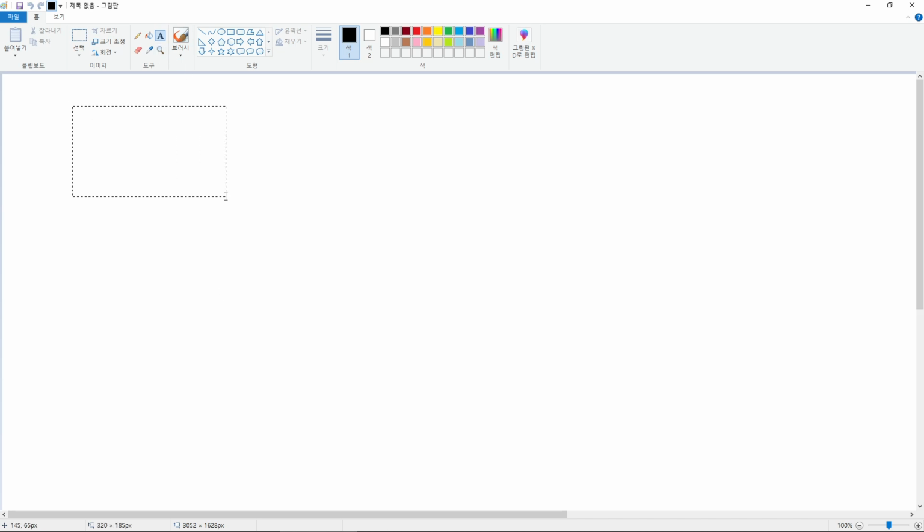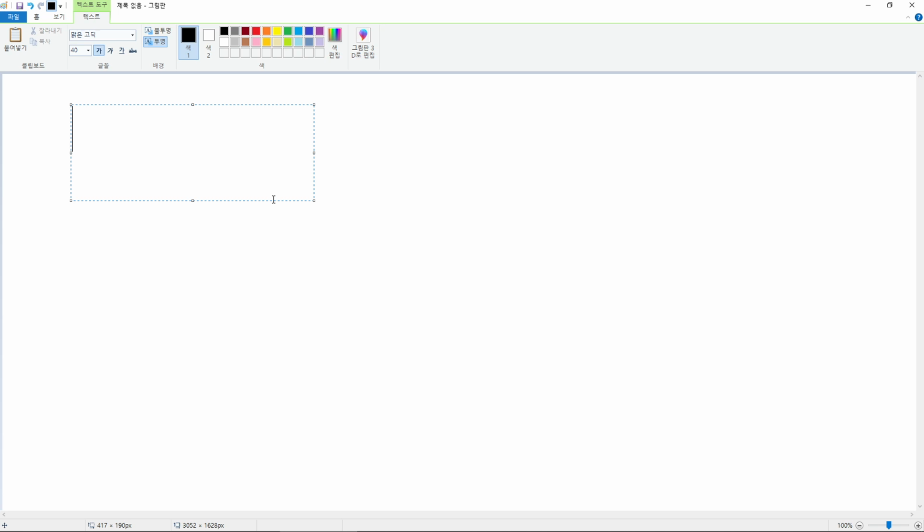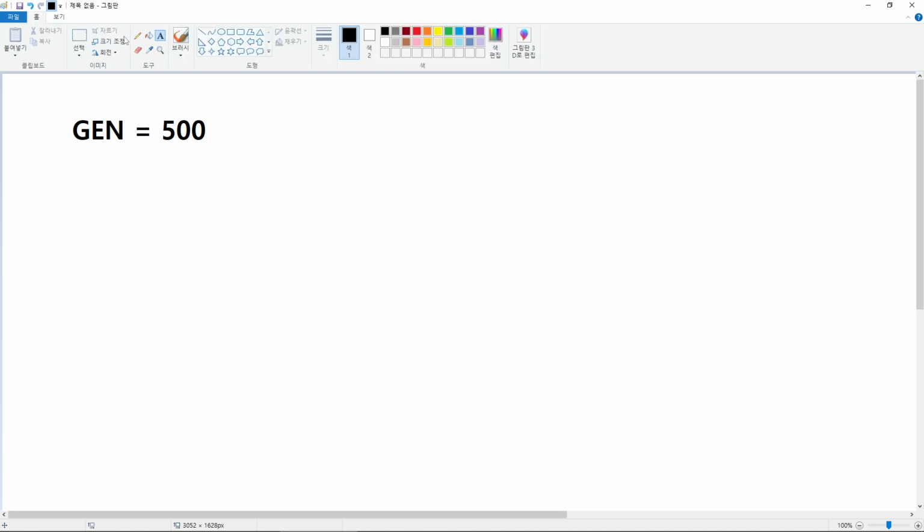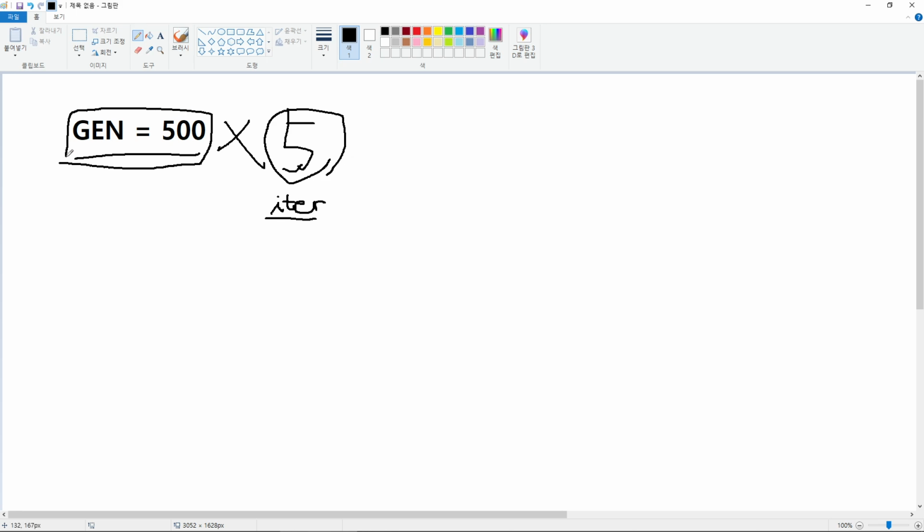For example, if the total number of generations is 500, and I were to do this 5 times, and call this one iteration, these would be 5 iterations of evolution over 500 generations.